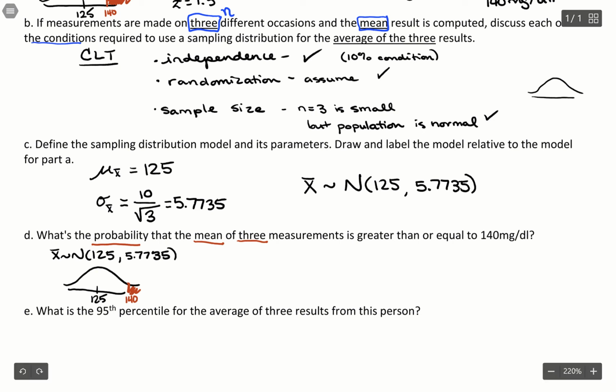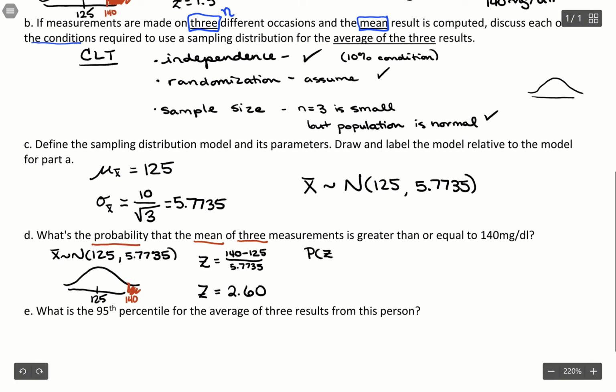But our steps will be the same, so we'll get a z-score for 140. So we'll have 140 minus 125, but now we want to use that standard deviation of 5.7735. That's going to give a z-score of 2.598, which we need to round to 2 decimal places to use our table. So we'll use 2.60.